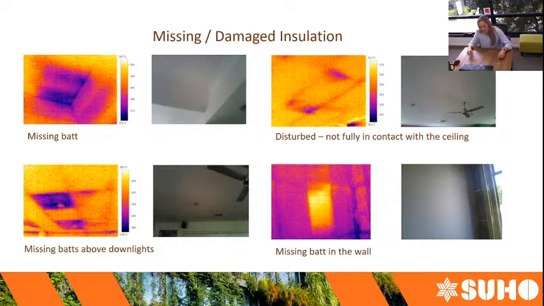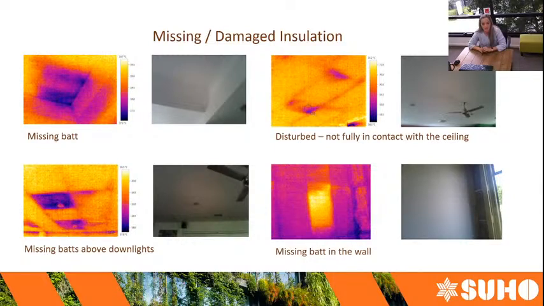But it takes time to cut a perfect circle out of insulation. So what trades usually would do is they just cut the batt in half, make it easy for themselves, and they just cut out half an insulation batt around each downlight, which is in excess of what is required, and creating a heat leakage pathway straight through the plasterboard, because heat just takes the least path of resistance straight up.